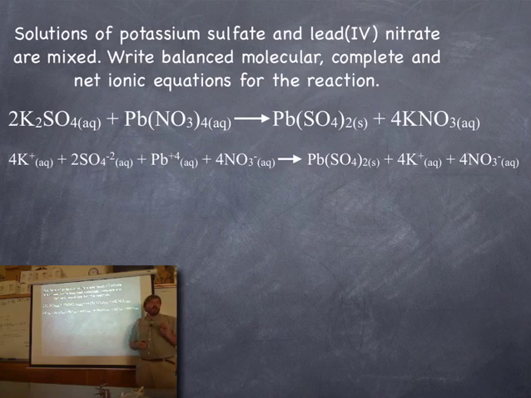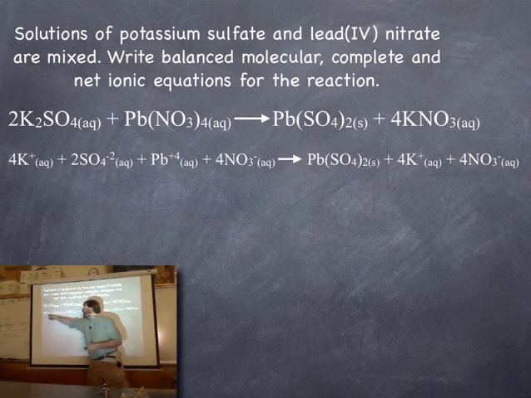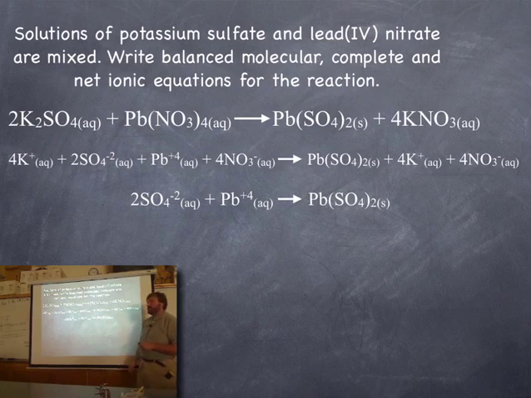Now I say, hey, what are my spectator ions? What sat around and watched? What did not change? Cross out the things that didn't change. Potassium doesn't change, and nitrate doesn't change. And I'm left with my net ionic equation.